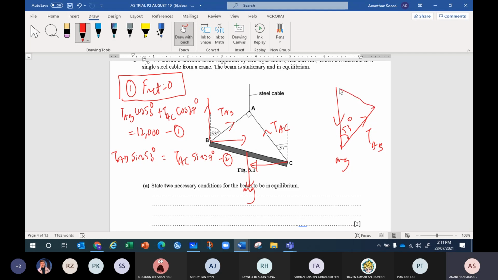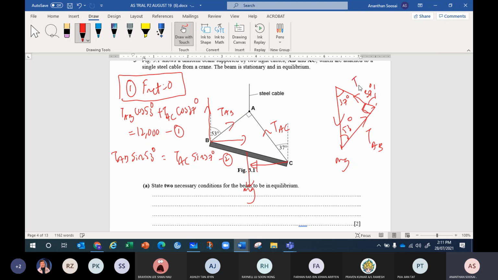TAC should close the triangle because it's in equilibrium. But vertically here this is 37, so internally the angle on top should be 37, right? Your maths, like zigzag 37. So here 53, here 37, so 53 + 37 = 90. So it's a 90 degree triangle.